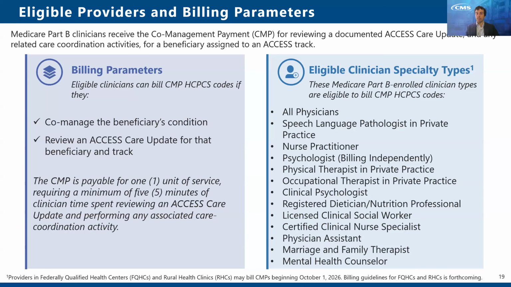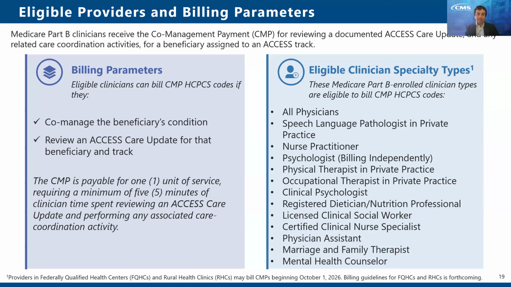The co-management payment, or CMP, is payable for 1 unit of service, requiring a minimum of 5 minutes of clinician time spent reviewing an Access care update and performing any associated care coordination activity. Eligible Medicare Part B clinicians include physicians, physician assistants, and other provider types listed on this slide.